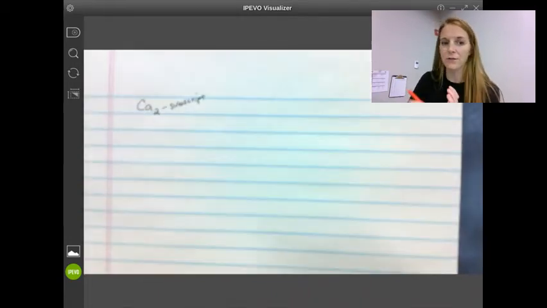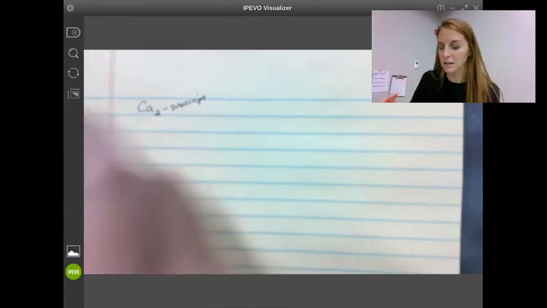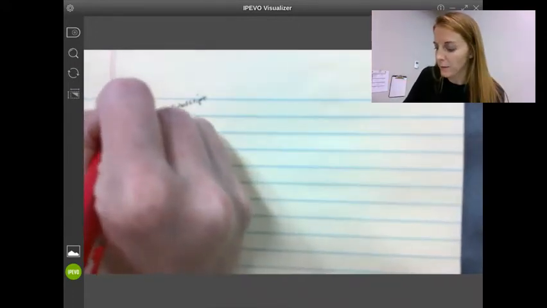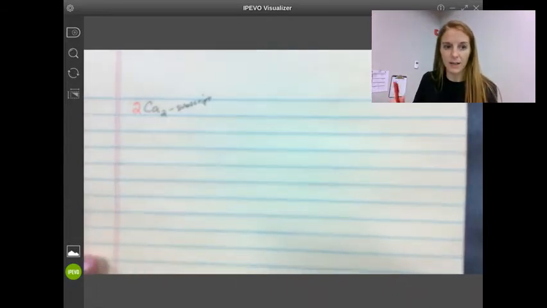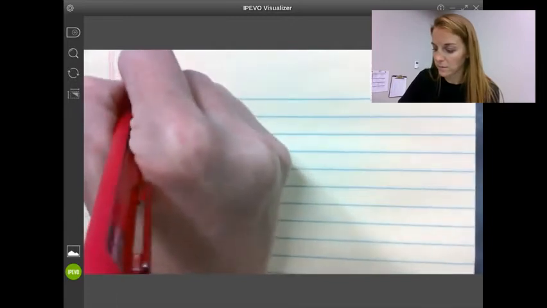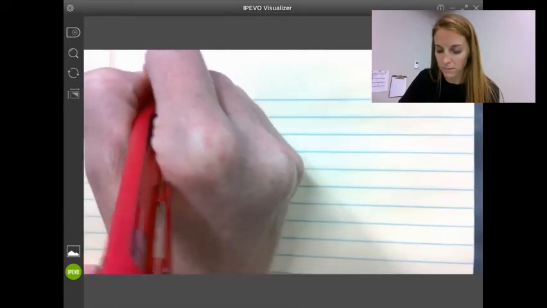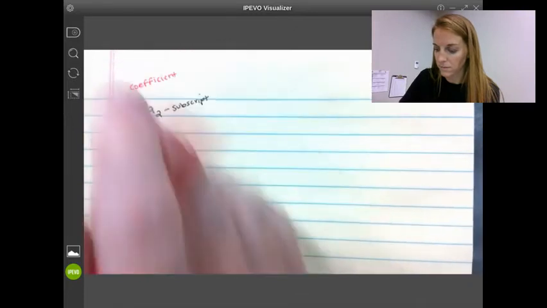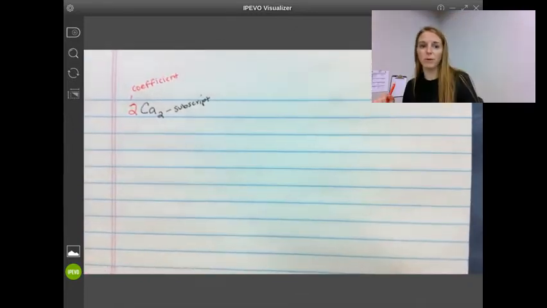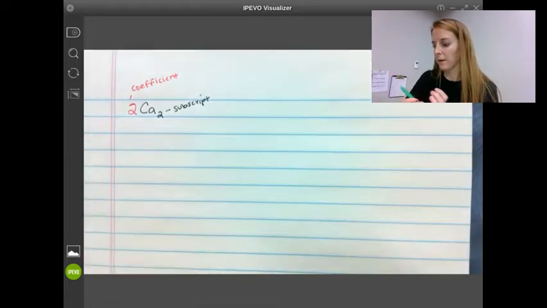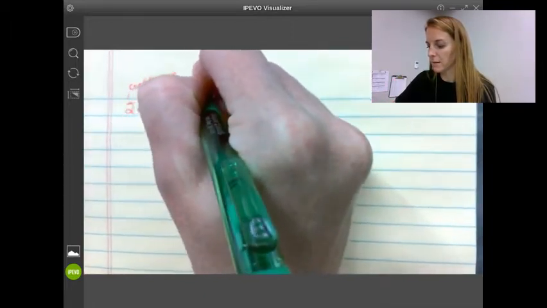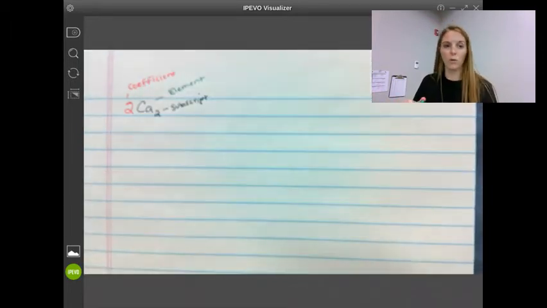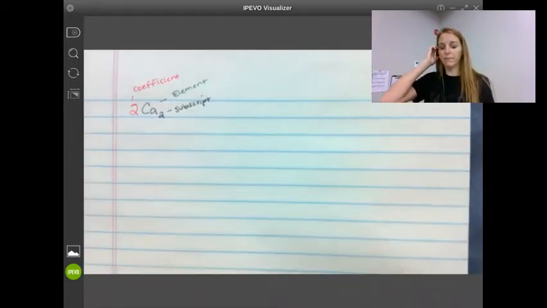And then I'm going to use a different color so that you can see the difference. But this red, I'm going to put a 2 in front. And that 2 in the front is your coefficient. And that just kind of can help you identify what's what. And then I'll just go ahead and write element. That way you know what each part is, okay?